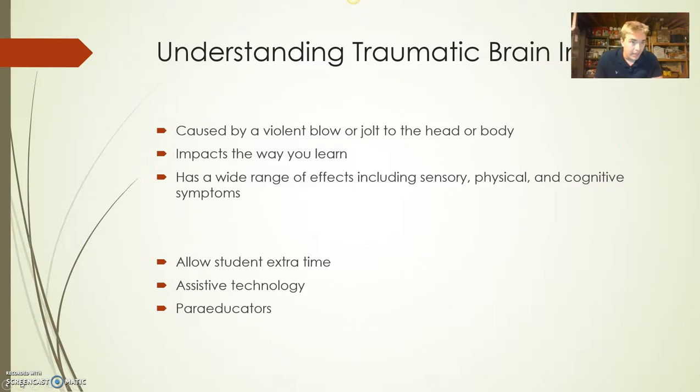I actually have a kid from my camp who had suffered from a brain injury when they were really young, and they're pretty high functioning, but they don't have any peripheral vision, so they can't necessarily see where they're walking, and that can obviously be very dangerous. So some good ways to work with these students are allowing them extra time on their assignments, providing them with assistive technology, and of course paraeducators. Paraeducators obviously would work very well with a lot of students, but I think in this case paraeducators would be very helpful.